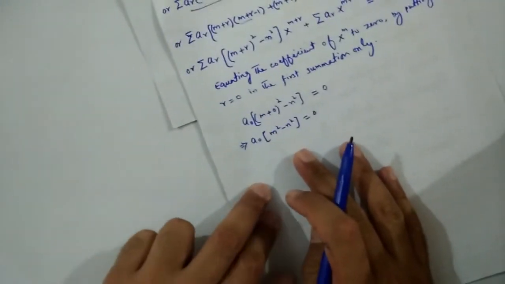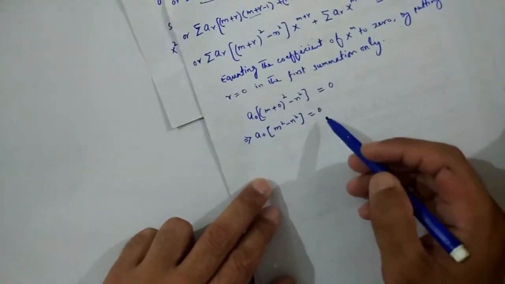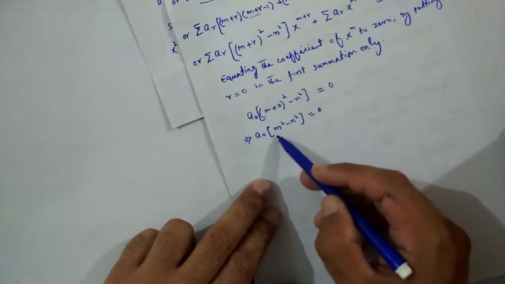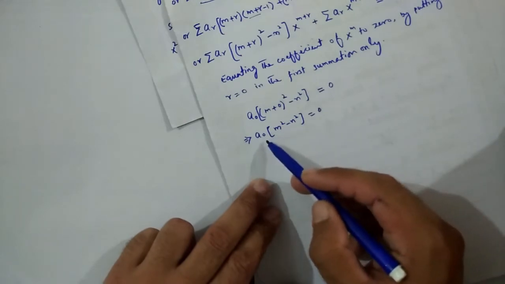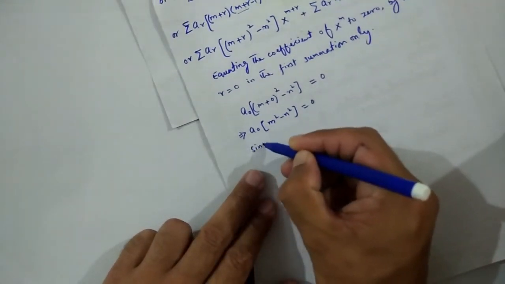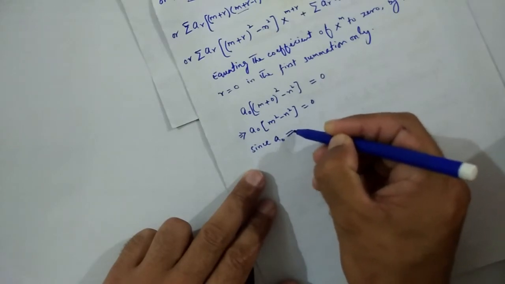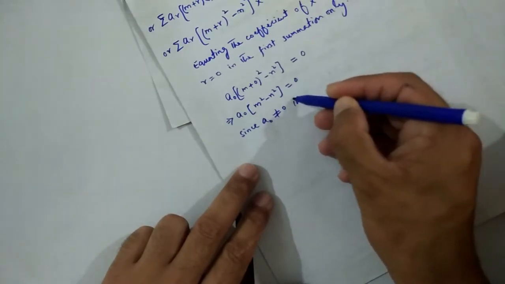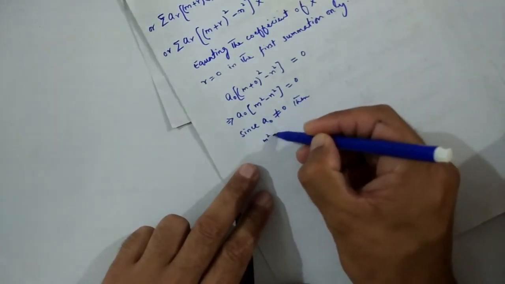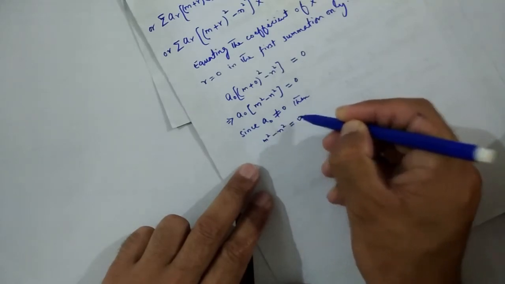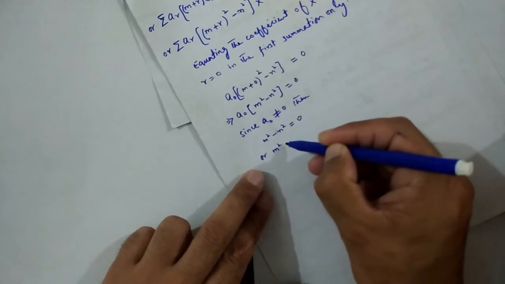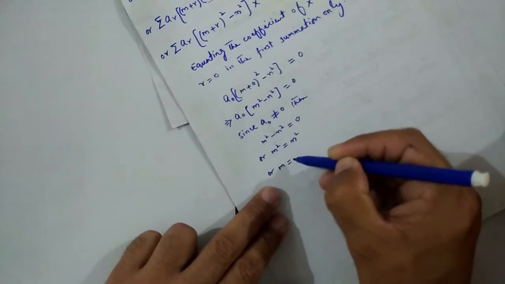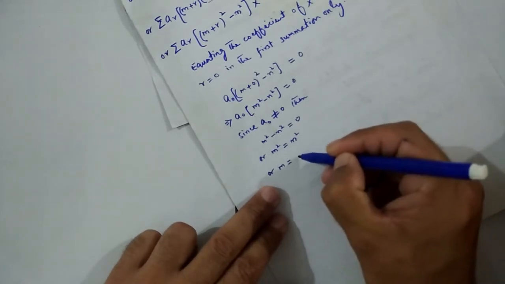So in this equation, the right side is 0, so in the left side, either this term is 0, but a naught can't be 0 because it is a constant, then m square minus n square must be 0, or m square is equal to n square, or m is equal to plus minus n.